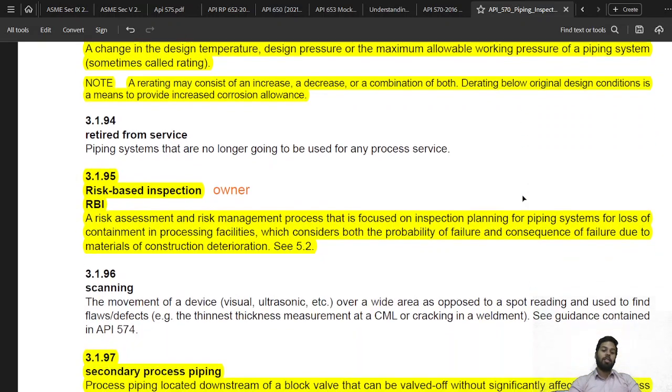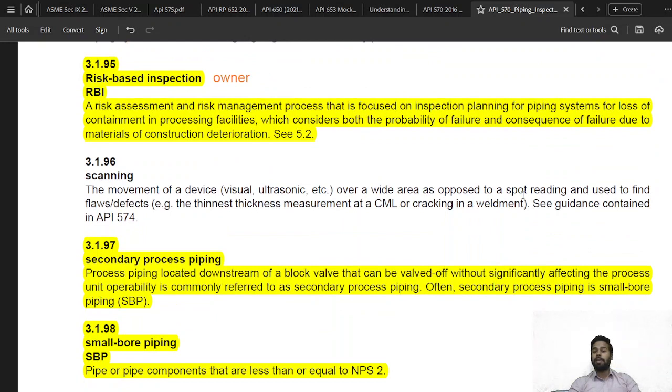Risk-based inspection, we already know this. Risk-based inspection is the inspection based on the consequences of failure and probability of failure. The risk-based inspection has to be approved or conducted by the owner or user himself. The owner might bring in another organization to do RBI, but that RBI assessment has to be approved by the owner.